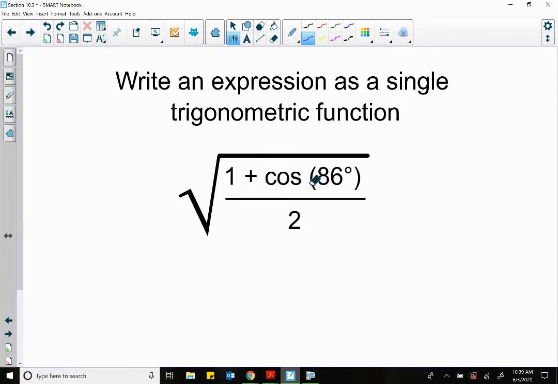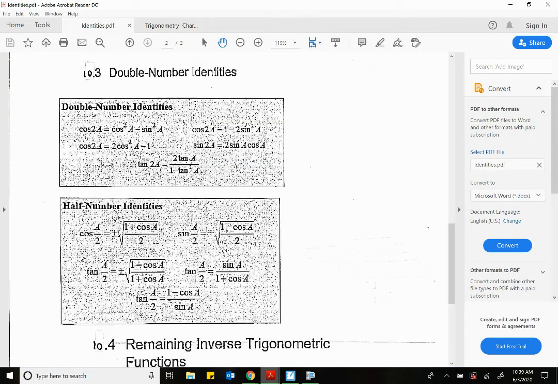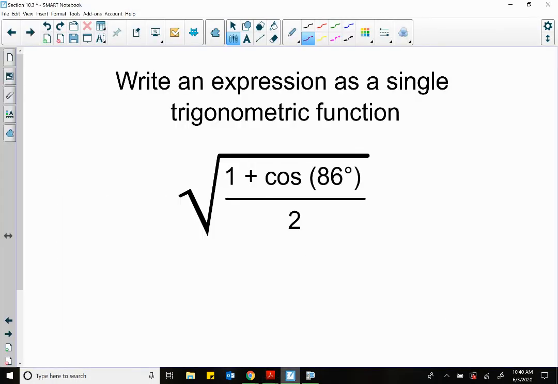Okay, so 1 plus cosine 86 all over 2. So 1 plus cosine all over 2. That looks like right here. So they want you to take this 86 and plug it back into the half angle formula. So this guy right here is equal to the cosine half angle.